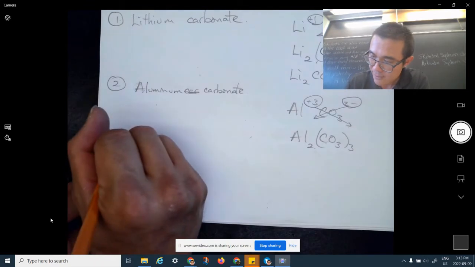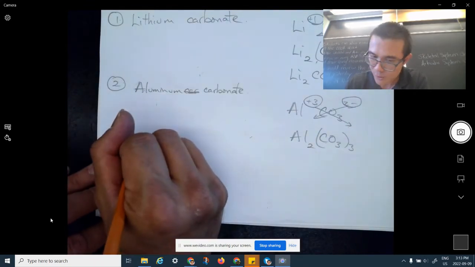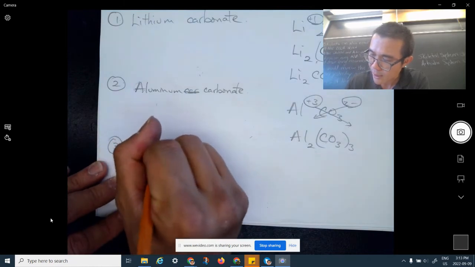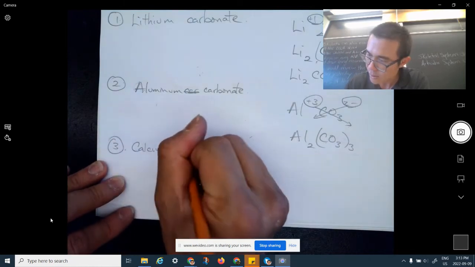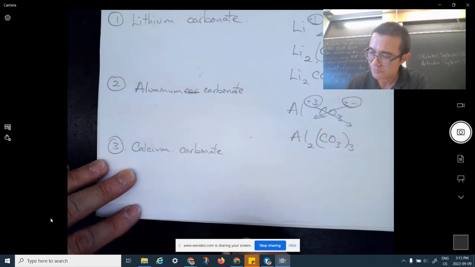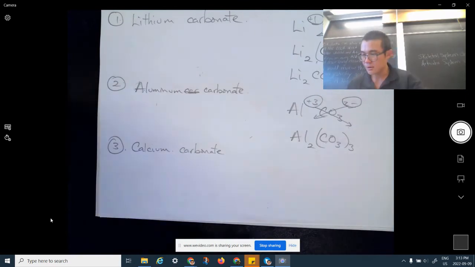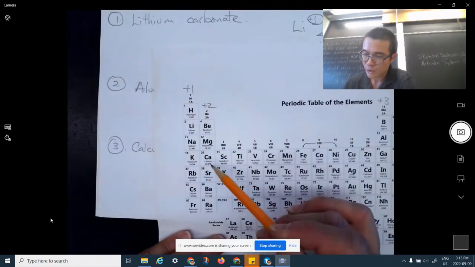Last but not least, I'll do one where you have to do some reduction. Let's do calcium carbonate, the one that I was about to talk about. Calcium is +2.